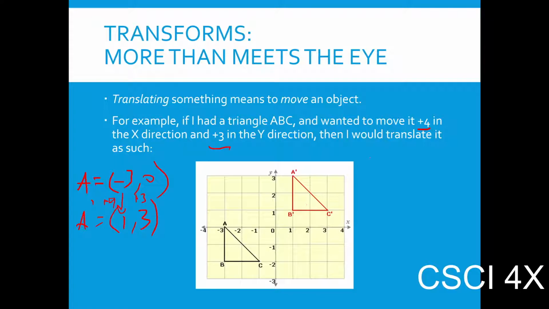Then you do the same thing for B. B before was -3, -2. And B after you translate it is at 1, 1. C before was at -1, -2. C afterwards is 3, 1.